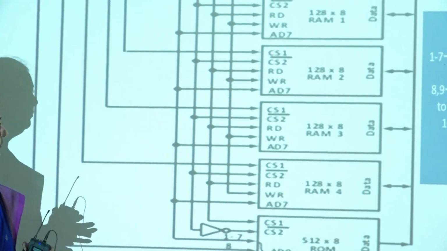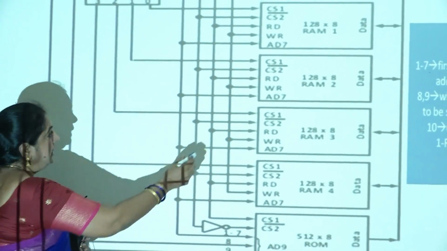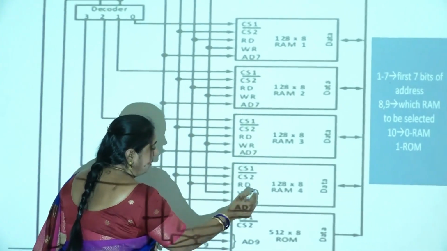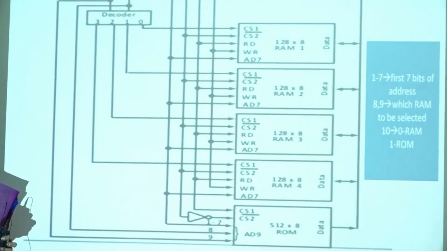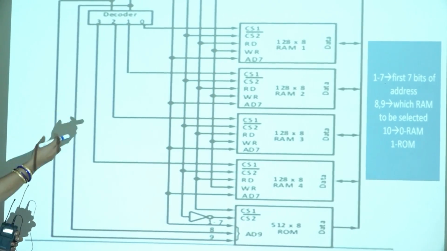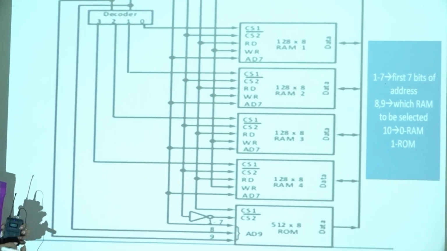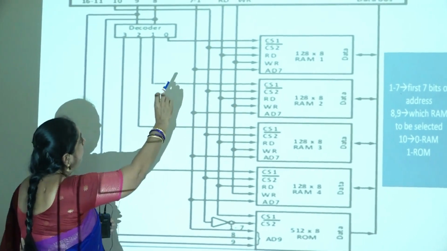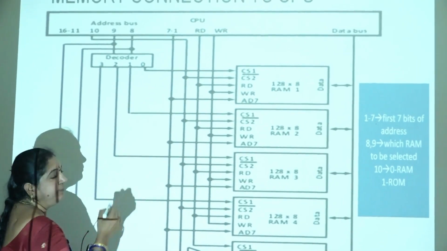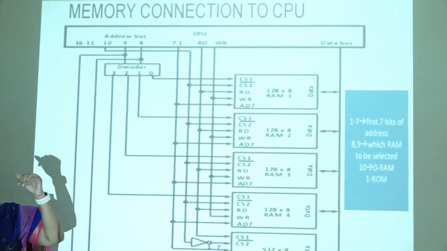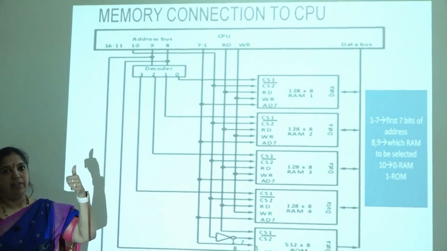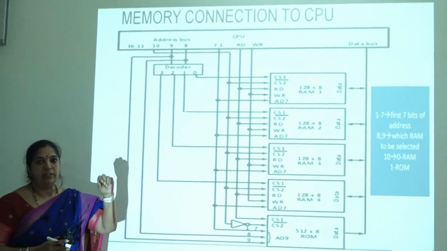That is the first point. Second point, there are 4 RAMs and only 1 ROM, so there should be some decision making about which one you are selecting. Before that, we have address, read and write. Previously we have already seen there are 2 operations for RAM, read and write, based on the bit.